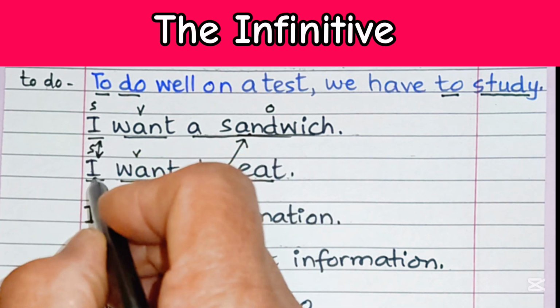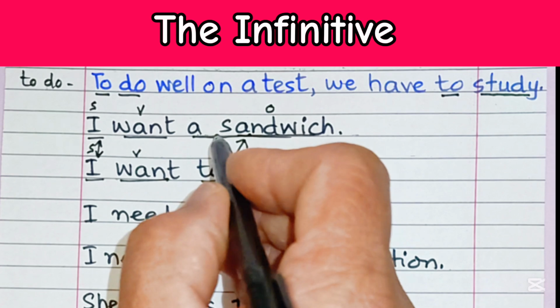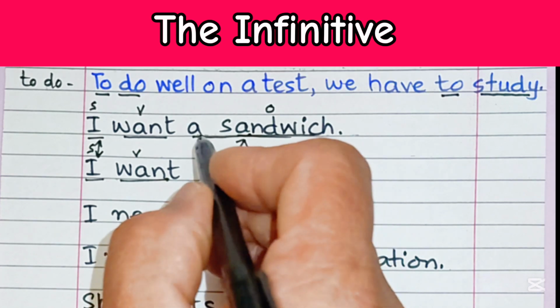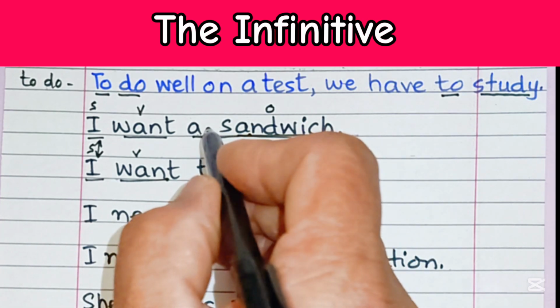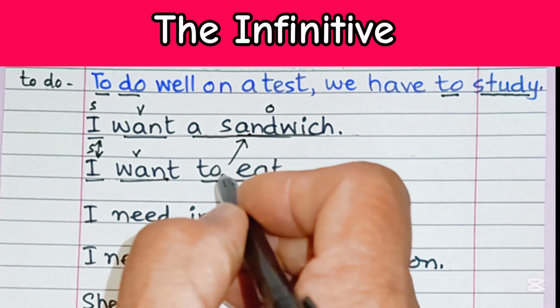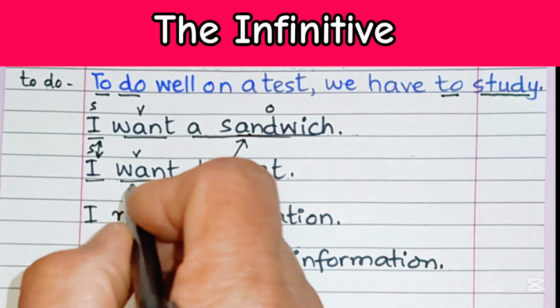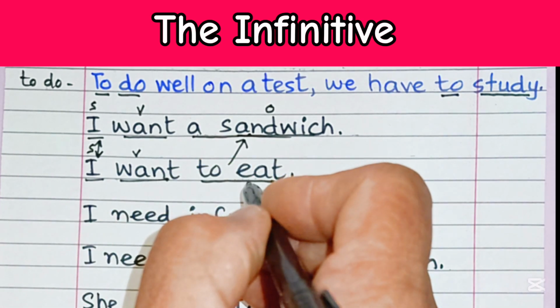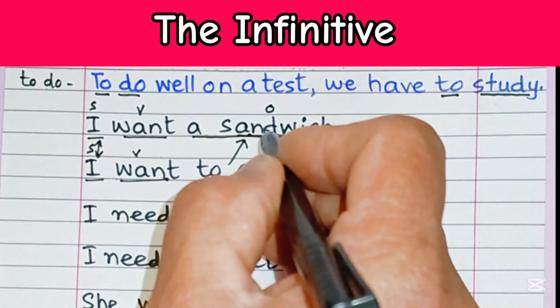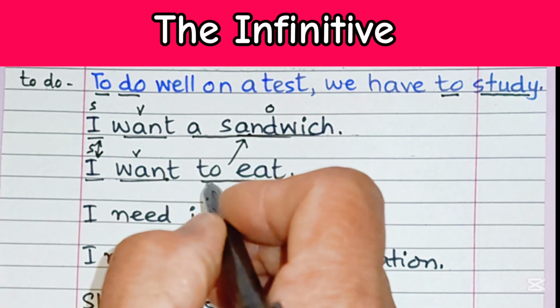So I remains I, want remains want, and then in place of the object in this sentence, a sandwich, we are putting to eat. So this to eat is the object of this sentence because it is functioning like an object just as in this sentence. So I want to eat.